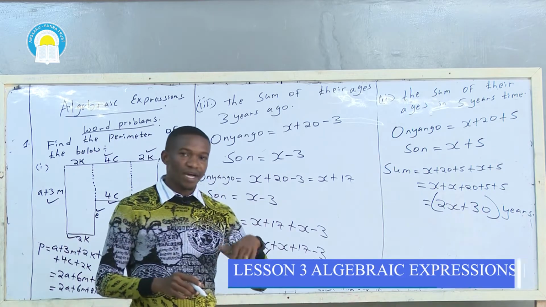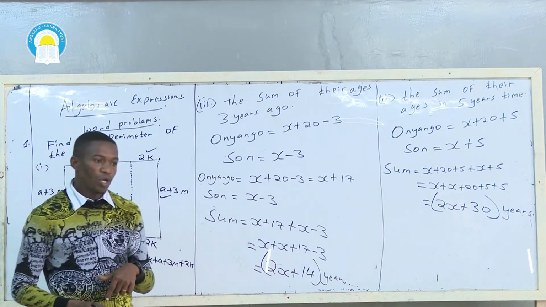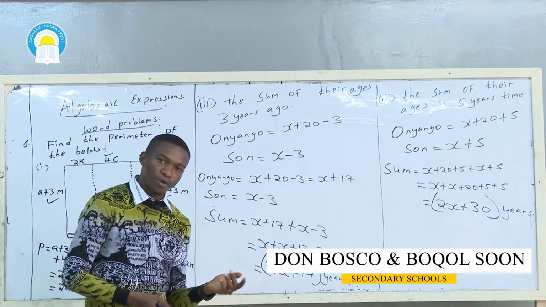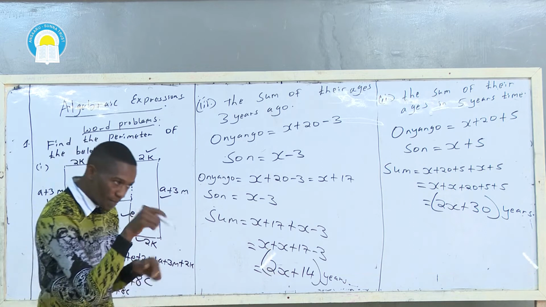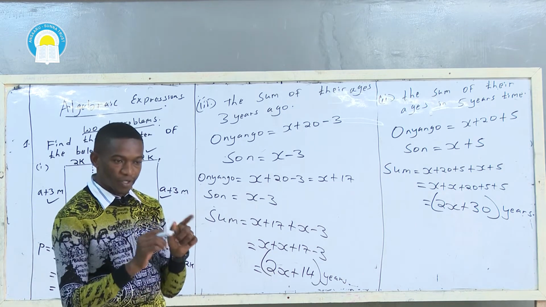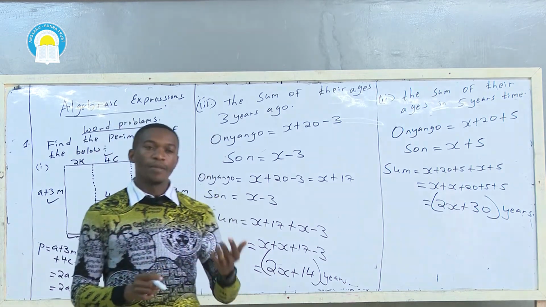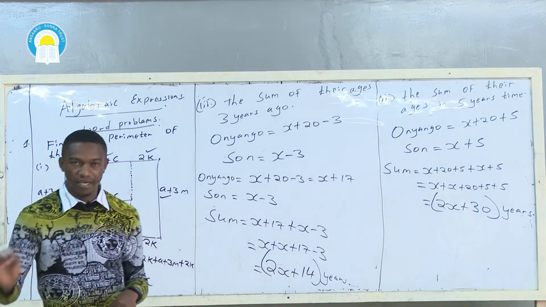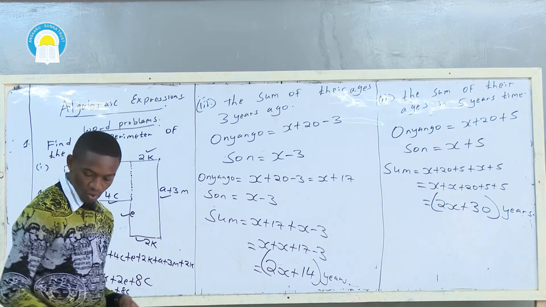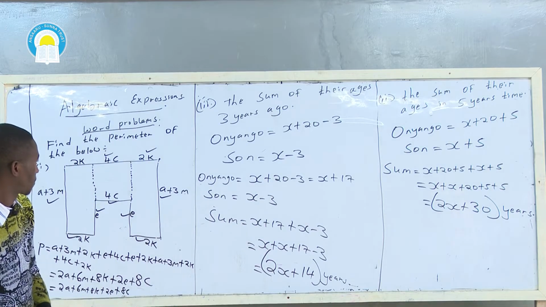But when somebody asks you 3 years ago, you write their present ages. Then because it is 3 years ago, that means backwards, you take the present age of that particular person less 3, and the present age of the other individual less 3. So the question will always be easy.